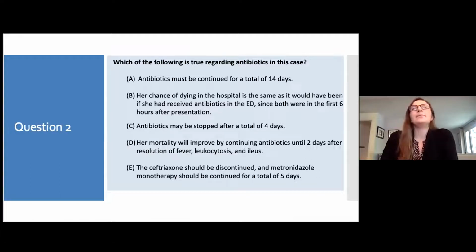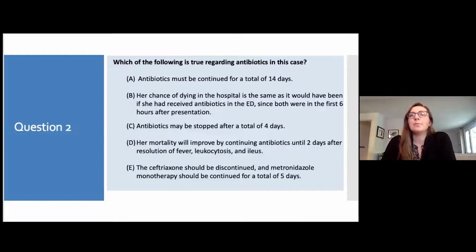Is it A, antibiotics must be continued for a total of 14 days? B, her chance of dying in the hospital is the same as it would have been if she had received antibiotics earlier in the ED, since both times were in the first 6 hours after presentation?